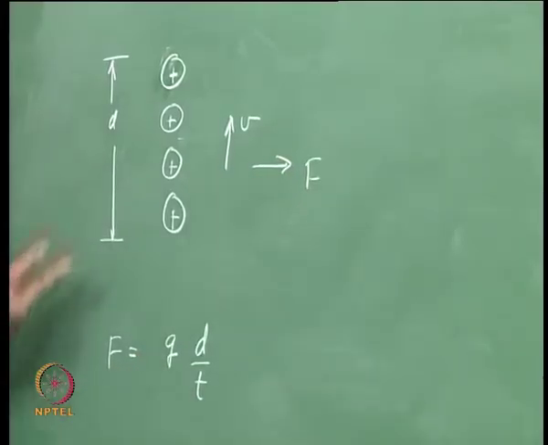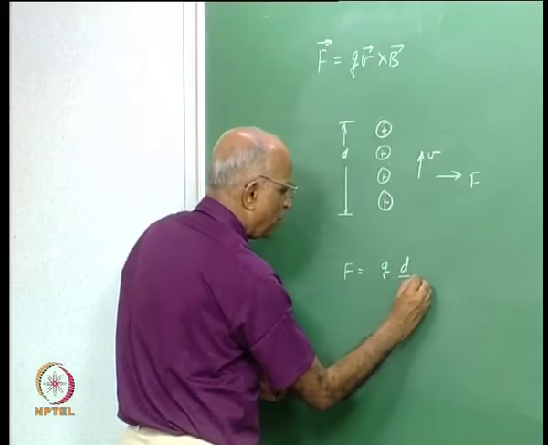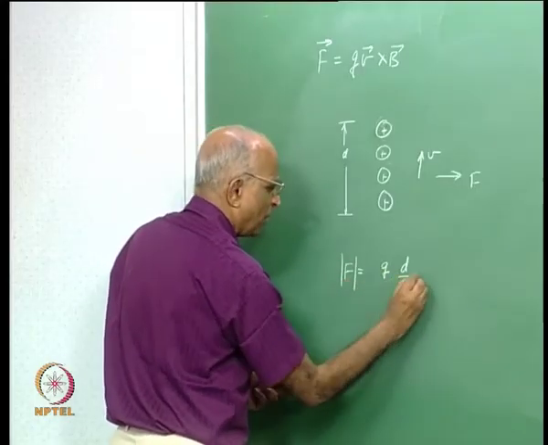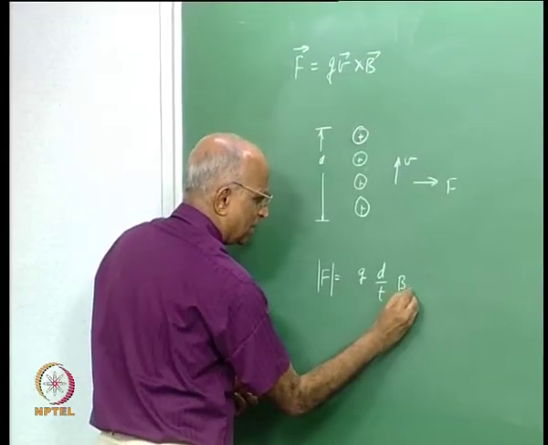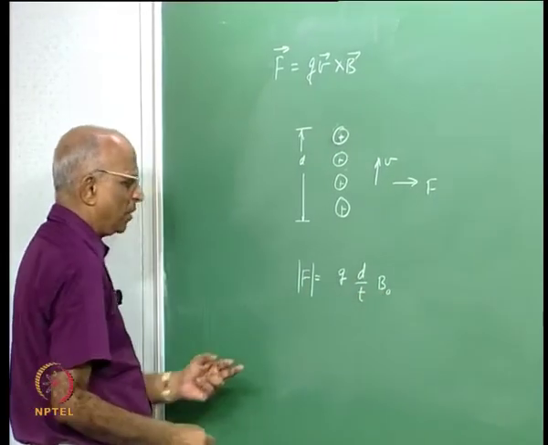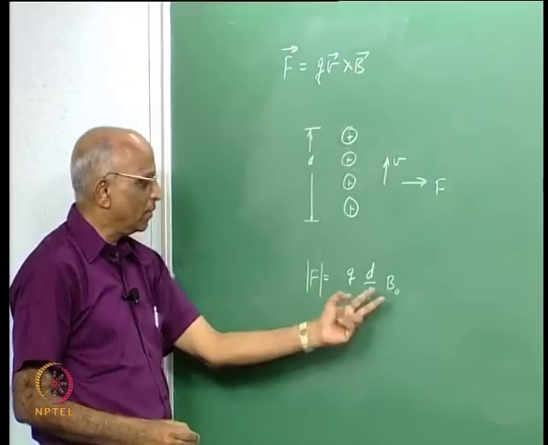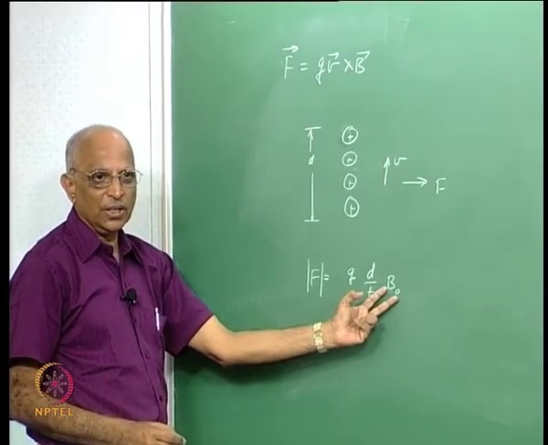Therefore, I say d by t is my velocity, and for the magnitude of the force, I say the value of the flux in Tesla is, let us say, b naught.